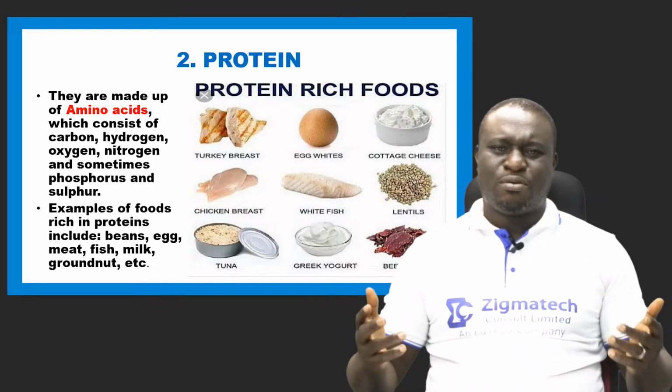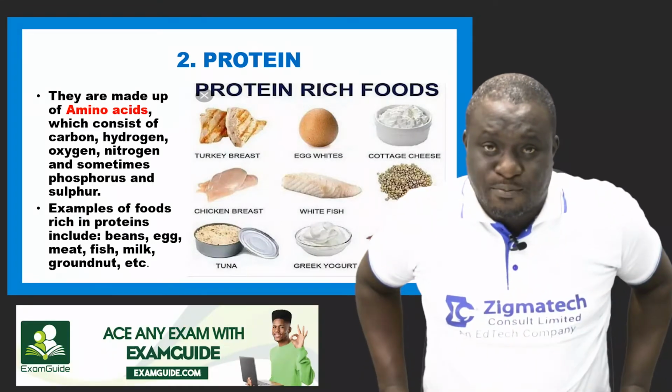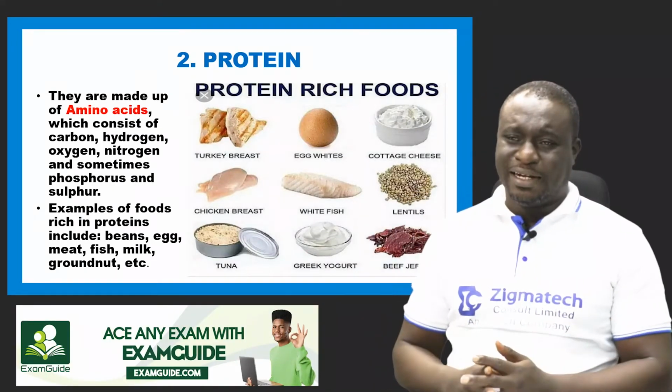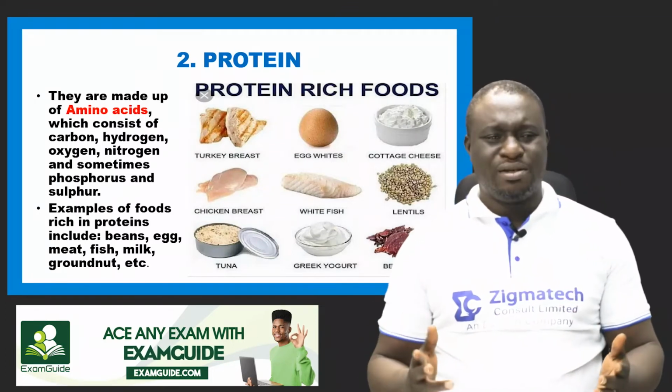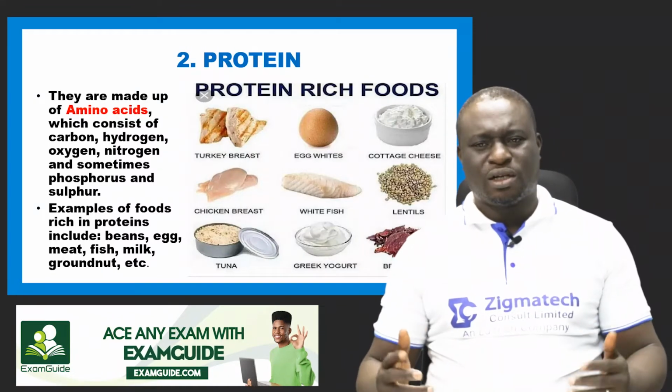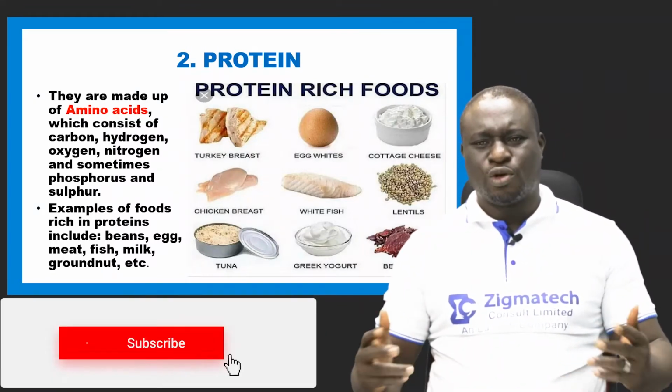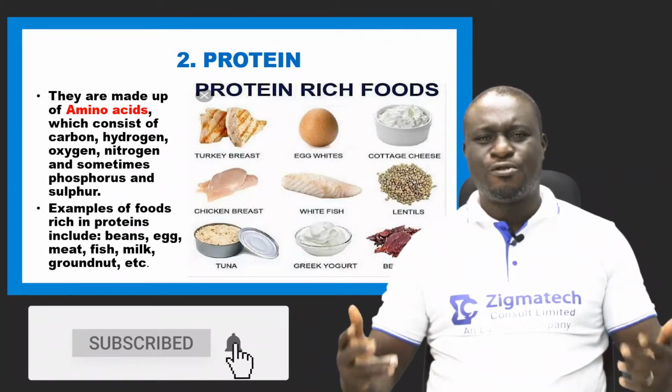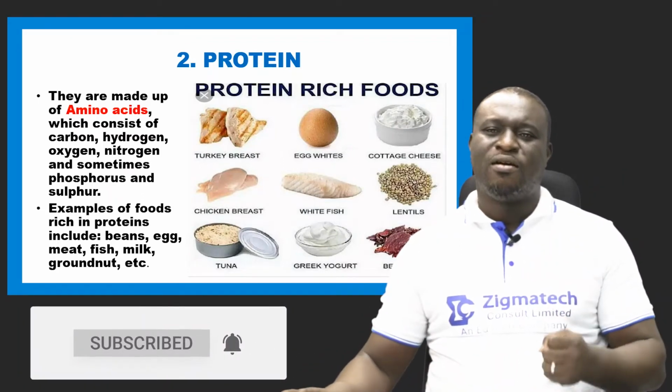Examples of foods that are rich in proteins include the egg, beans, soya beans, fish, milk, groundnuts, and so on, meats. These are foods that are rich in proteins.